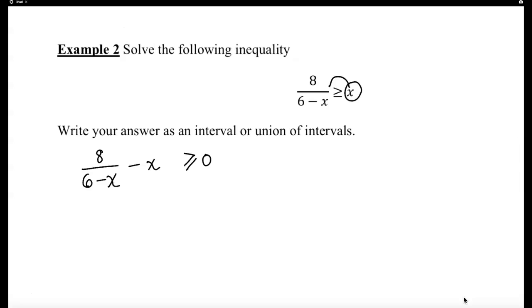Okay? Now, in order to subtract these two fractions, or one of them is a fraction, I will now write common denominators. So x will get multiplied by 6 minus x over 6 minus x. And if you're wondering, where did you get 6 minus x from? Well, that is the denominator for the first fraction, so that now they have a matching denominator.